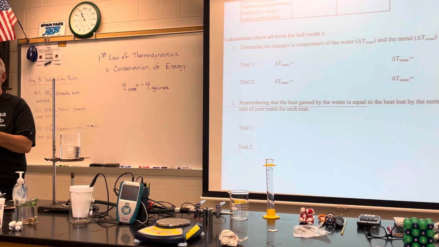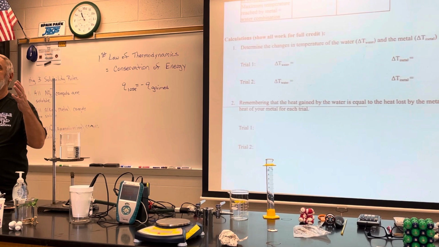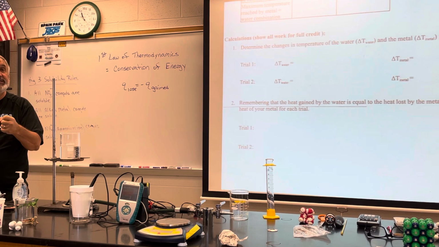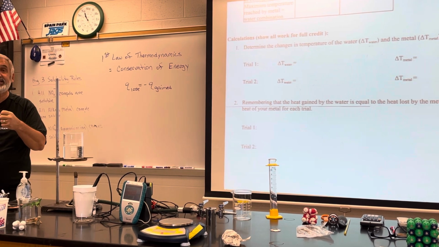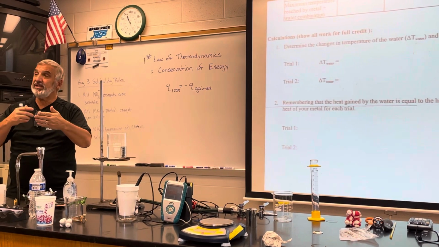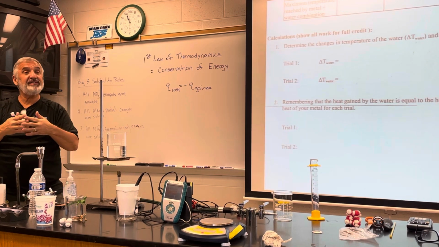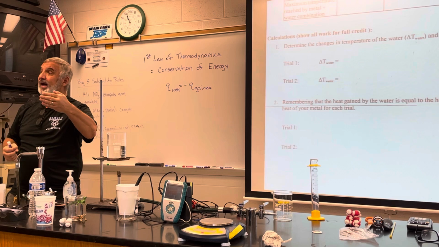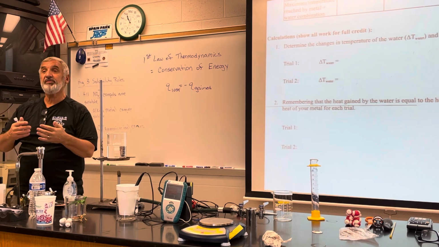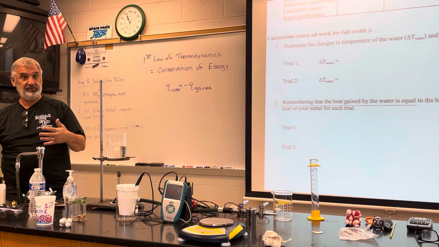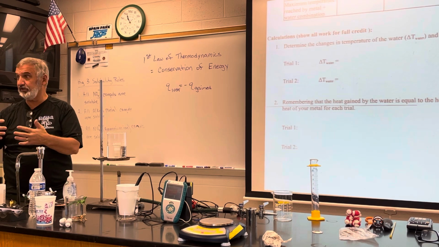Negative simply means that energy is being released. Positive means that energy is going in. So if something is gaining energy, it's going to have a positive value. If something is losing energy, it's going to have a negative value. Okay, does that make sense? Are you with me so far?